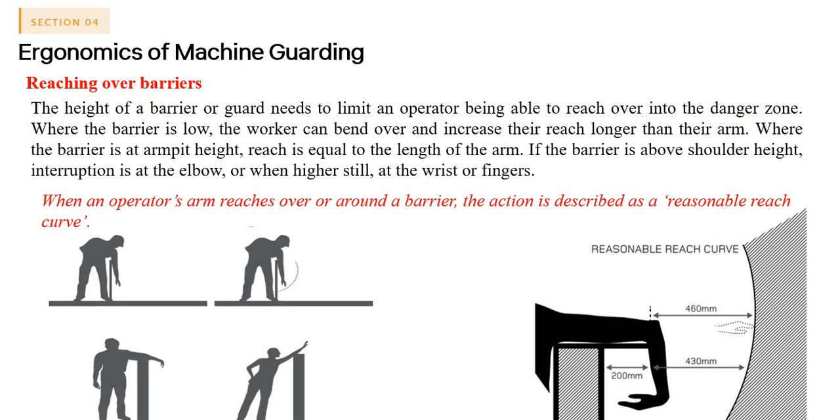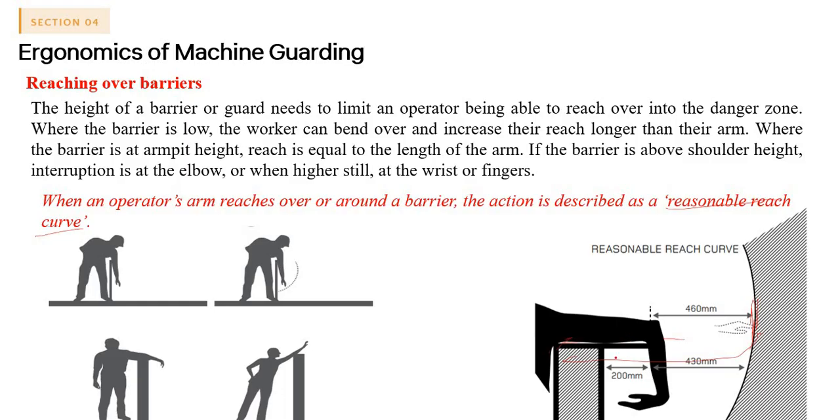Whenever you are talking about machine guarding, you should know about the reasonable reach curve. Suppose this is a machine, and the person places his hand here: up to which extent will he reach? Whenever you are designing, you should consider that.